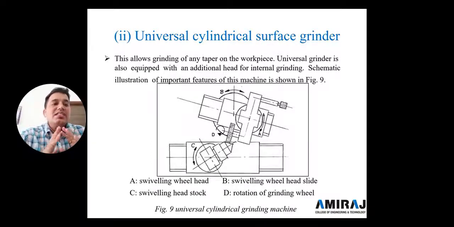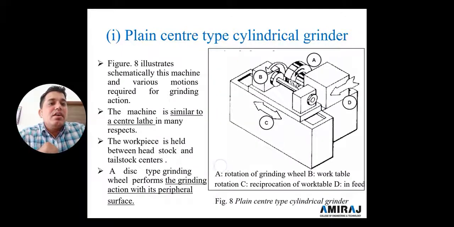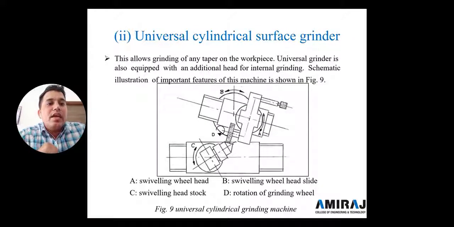Let's see universal cylindrical grinding. Nothing is different. If I compare it with the lathe machine, it is one of the taper turning type operations. Here we have two different axes, as shown in the figure, this axis and this axis, both axes are inclined.